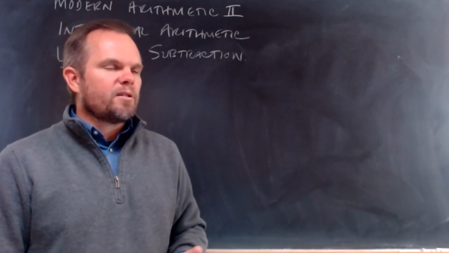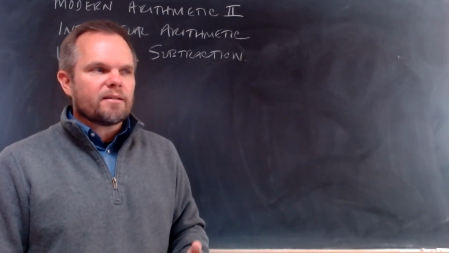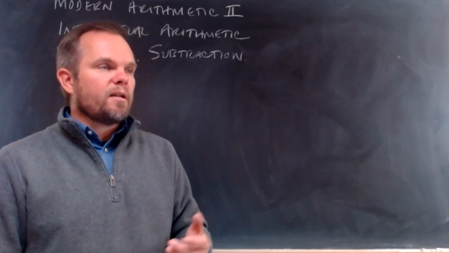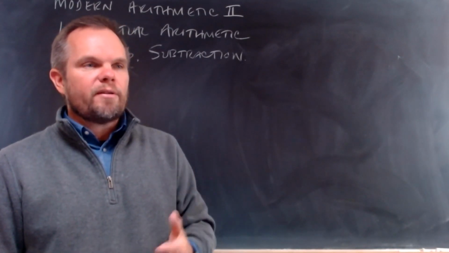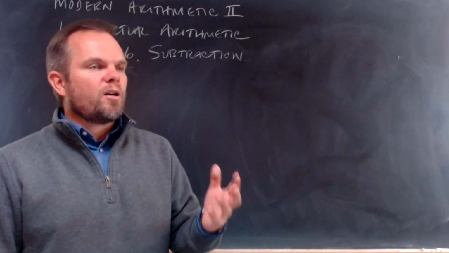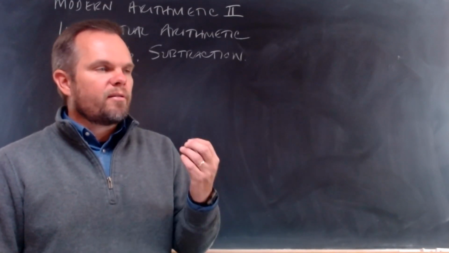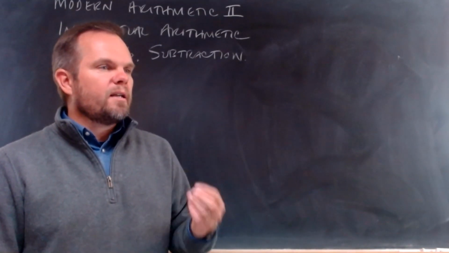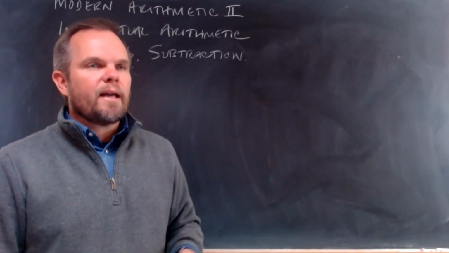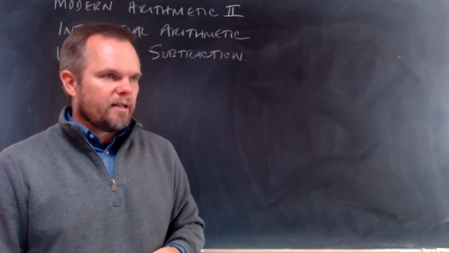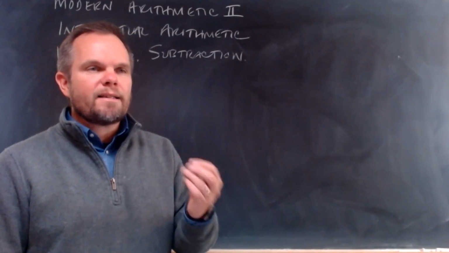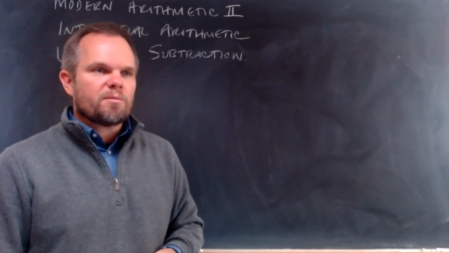We don't want to use buttons or beans or anything else. In intellectual arithmetic, you're now 9, 10, 11 years old. You need to start to learn to think about arithmetic in your minds without any counters, without any physical objects. Okay? So that's the difference of this book.